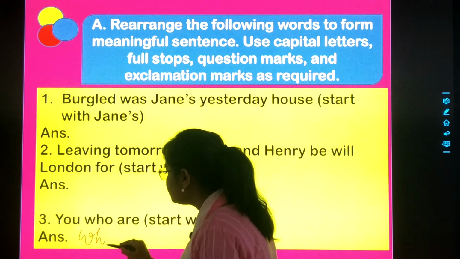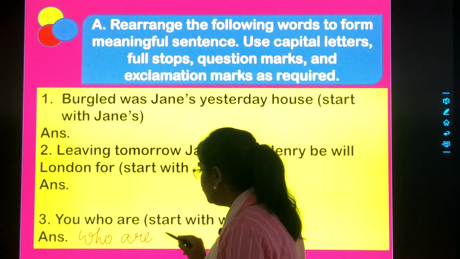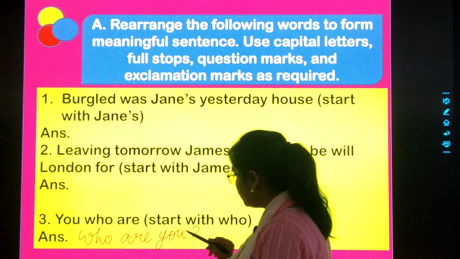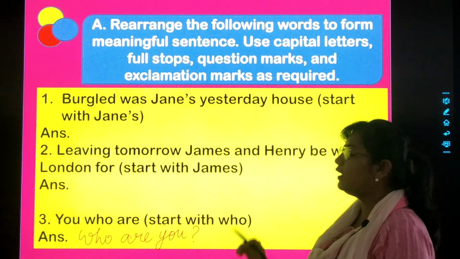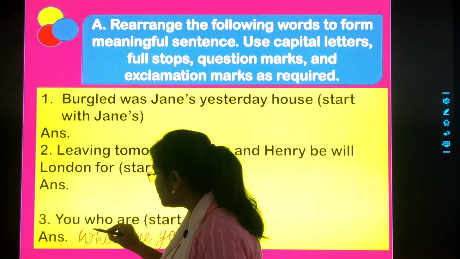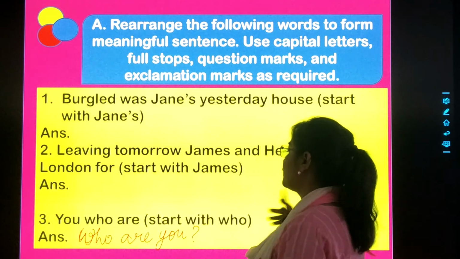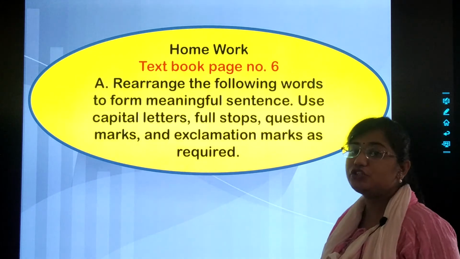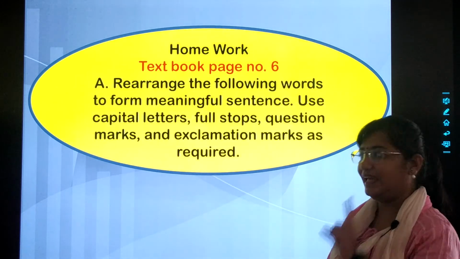Who are you? Question mark. So, I hope you all are clear till here. Your W must be capital. Is it clear? I hope you all are very clear with the features of a sentence and the exercise A.